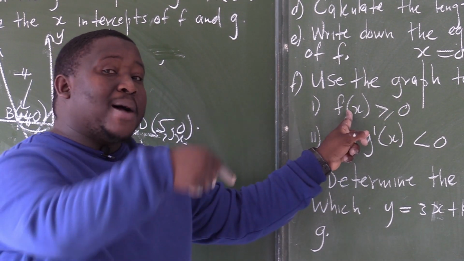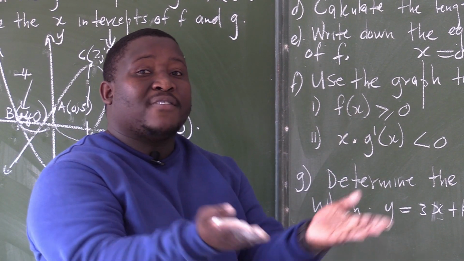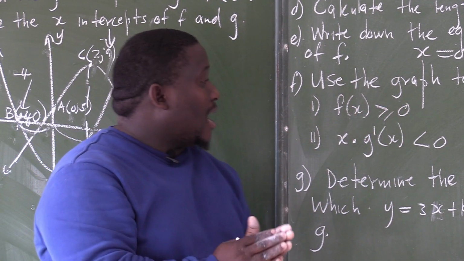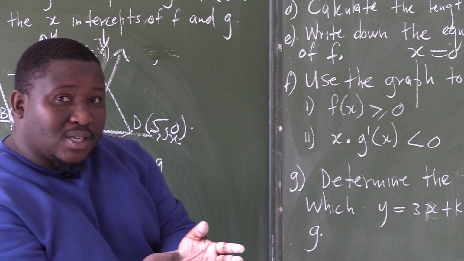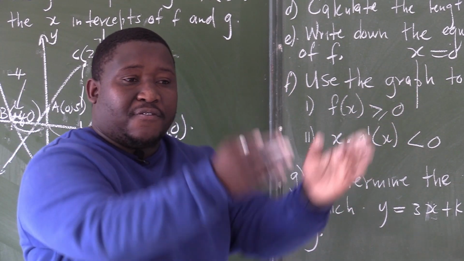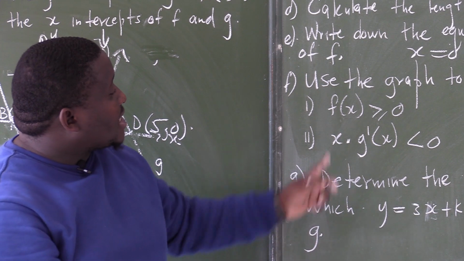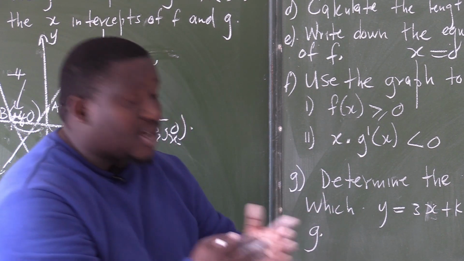Now, if the graph of f has positive y values, it is above the x-axis. Again, if the graph of f has positive y values, it is above the x-axis. But if the graph of f has negative y values, it is all below the x-axis.